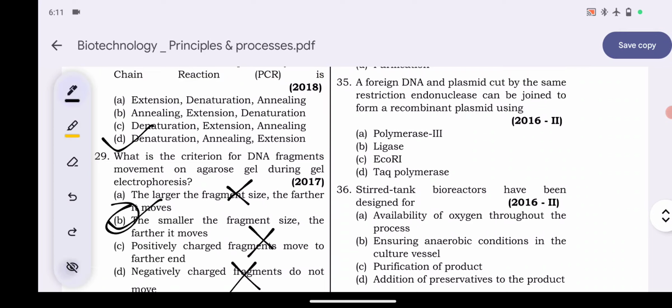So simple, whose job is the joining? Option B, ligase. Okay, so this is the answer. Explanation: the resultant DNA fragments have the same kind of sticky end when cut by the same restriction enzyme, and they can be linked together end to end using DNA ligase. So option B is your answer.